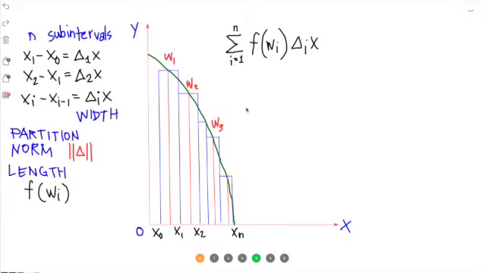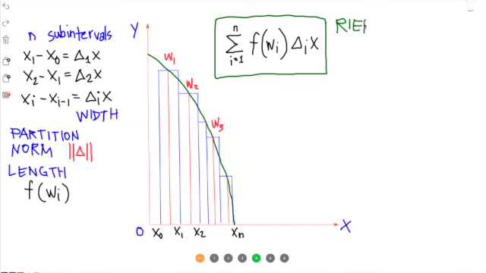This type of sum is called the Riemann sum. It's named after a mathematician named George Friedrich Bernhard Riemann. So this is our Riemann sum.